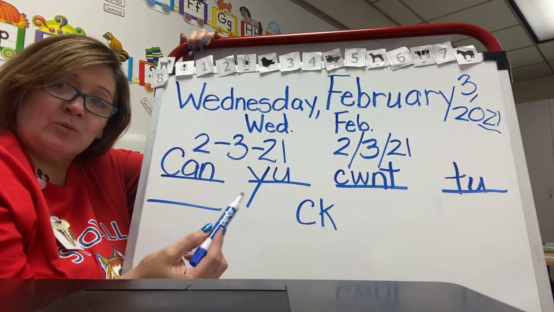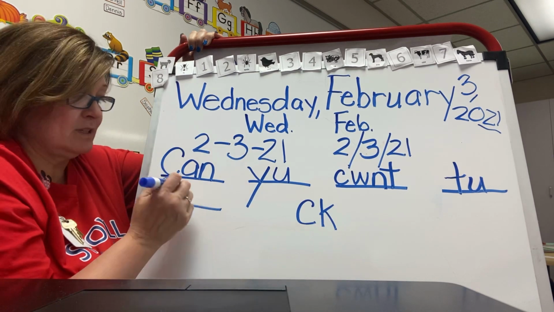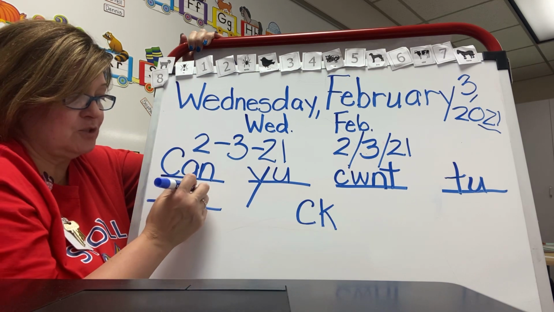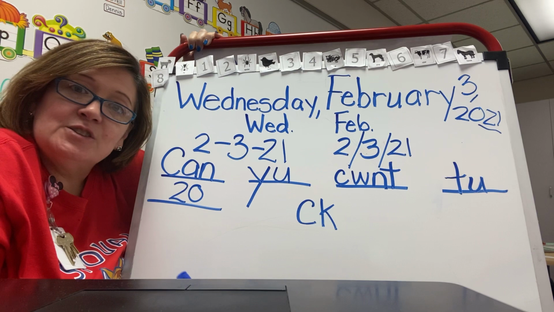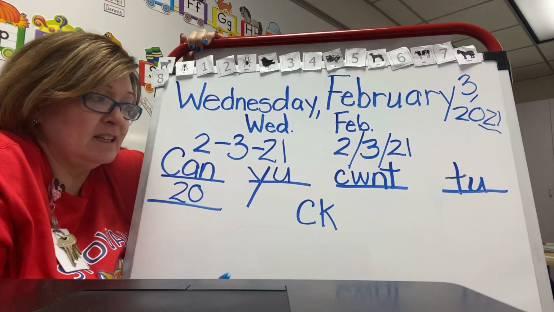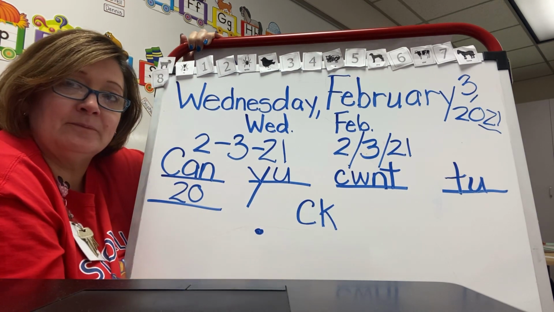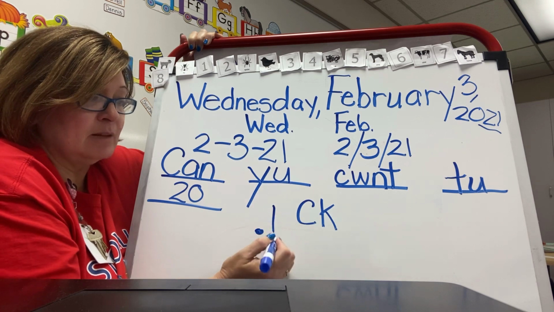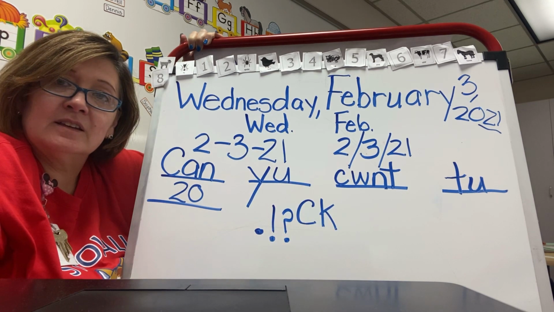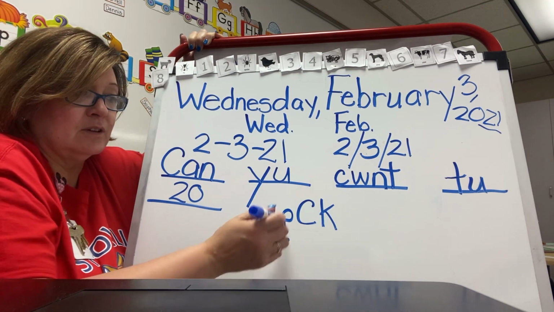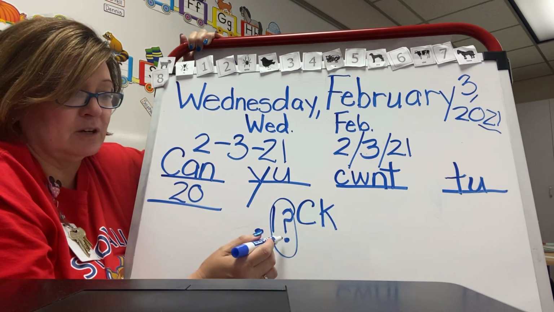Now I'm just going to write the number 20. A 20 is a 2 and a 0. Now I'm asking a question. So if we're asking a question, are we going to use a period, an exclamation point, or a question mark? Do you know? Question mark.